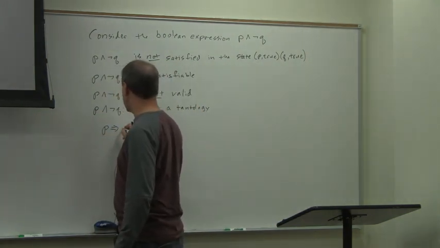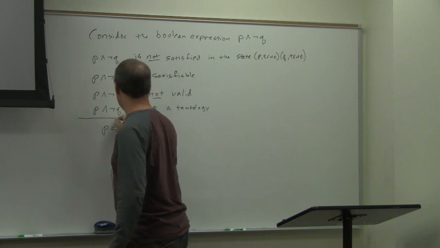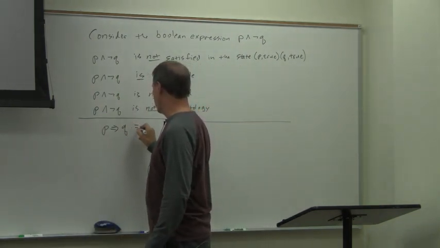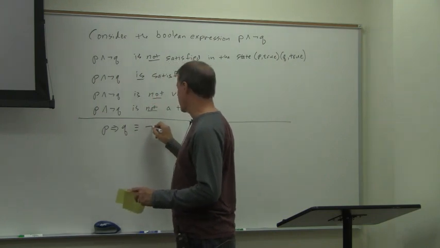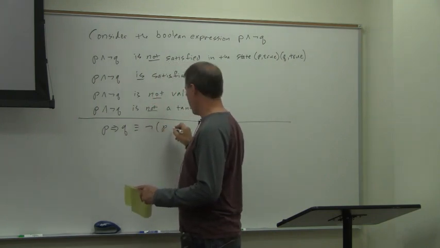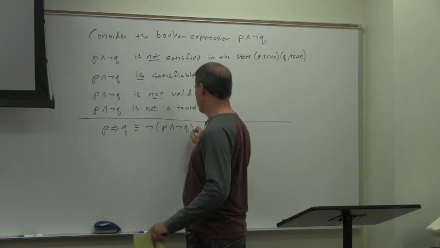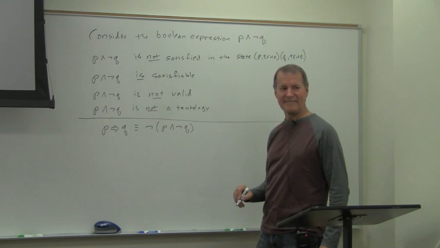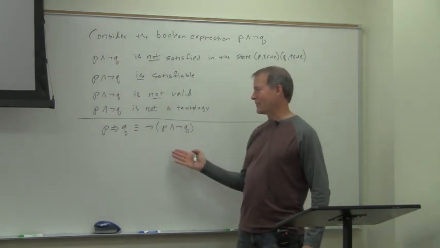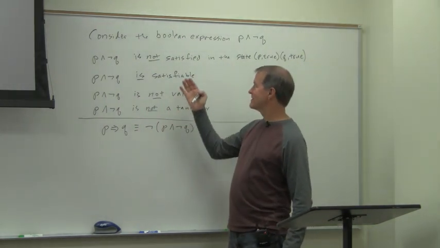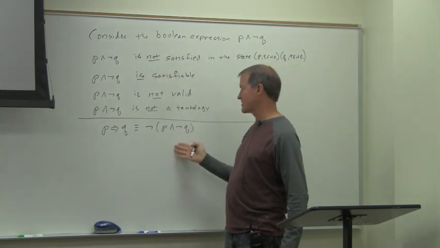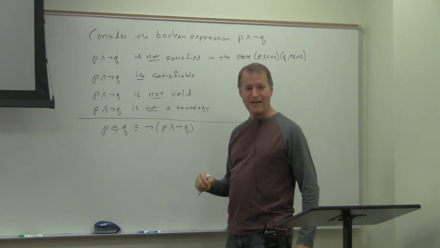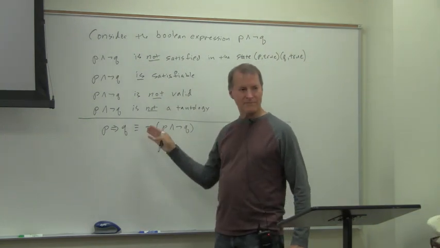All right? How about this one? We're doing another example. How about P implies Q equivales not P and not Q? What do you think about this one? Is this satisfied? Or I would have to give it a state. Is it satisfiable? Is it valid? Is it a tautology? Well, we'd have to pick a state.